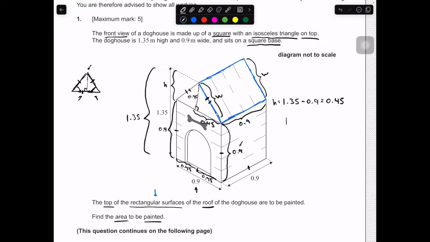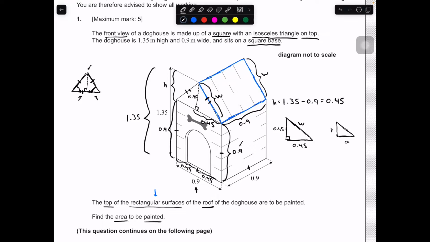Okay, so we've got this right angle triangle, and we know that this is 0.45 and this is 0.45. Now we want to find W. Pythagorean theorem is something that's not given in the formula booklet, but we know that for a right angle triangle we have a squared plus b squared equals c squared.